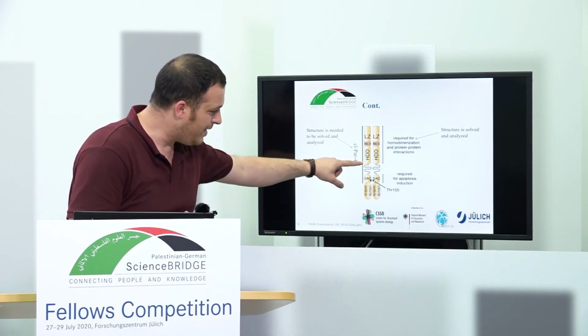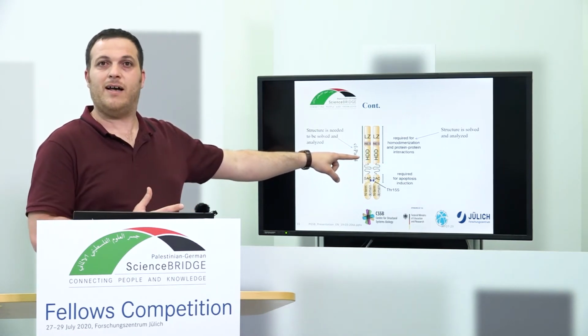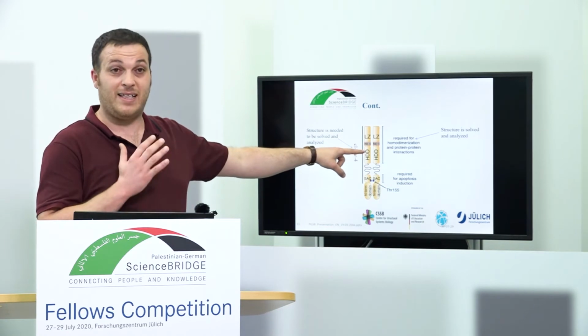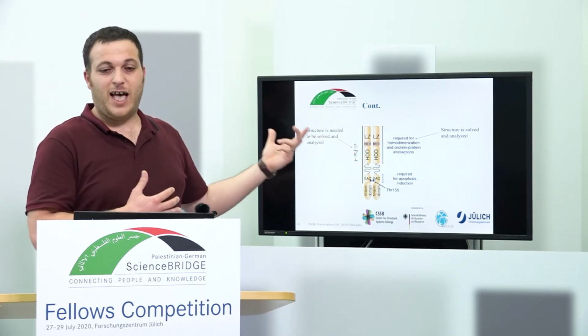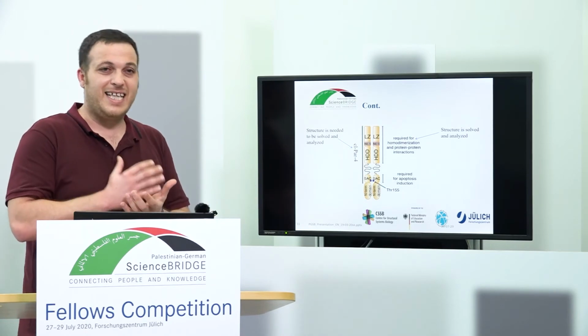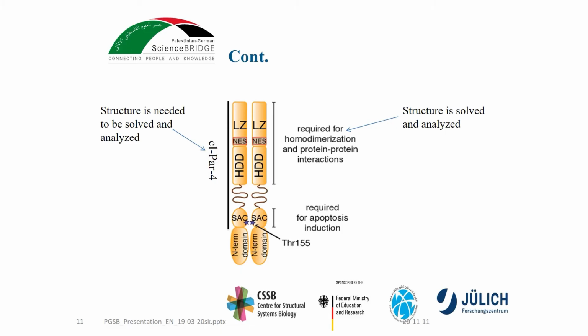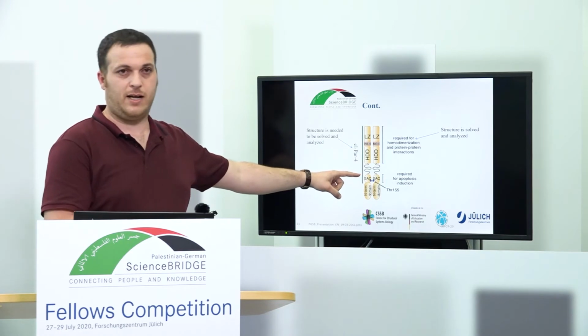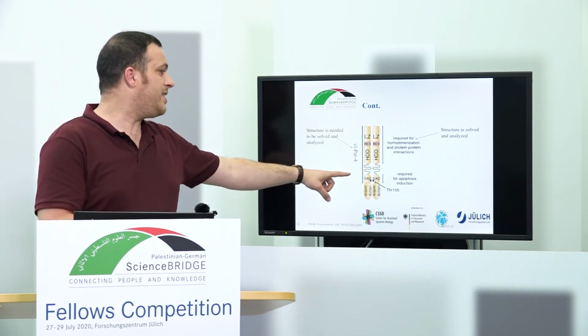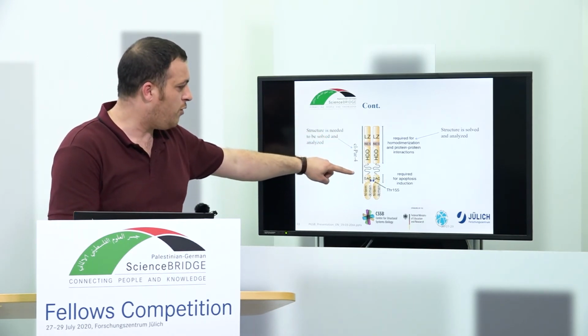Up to here, the structure is solved and analyzed, but the SAC domain, which is responsible for apoptosis, still needs to be analyzed. So my project will focus on the extended region outside of the CC domain to include the SAC domain. In this case, we call it cleaved Par-4.